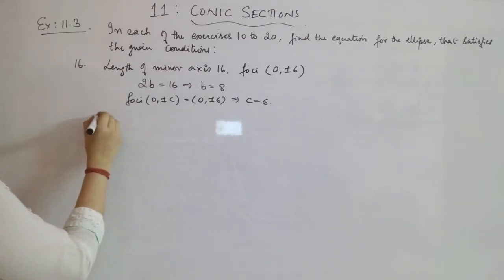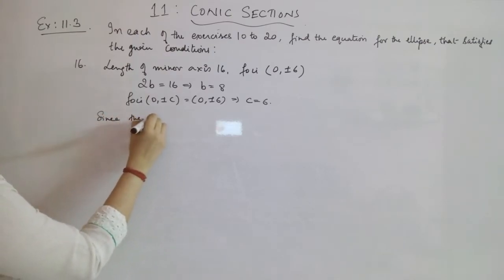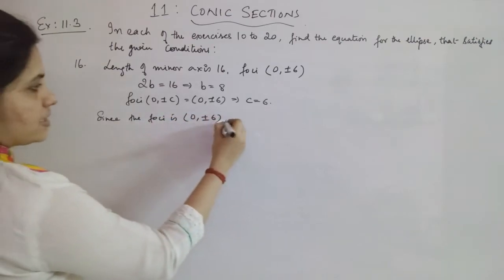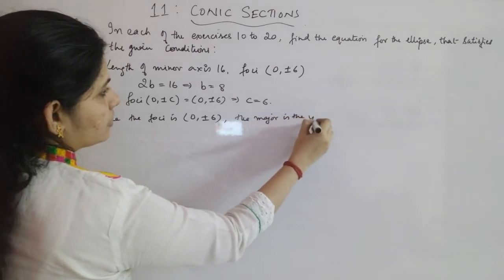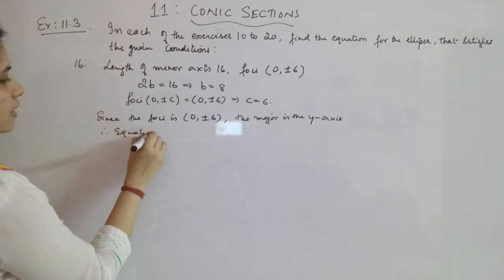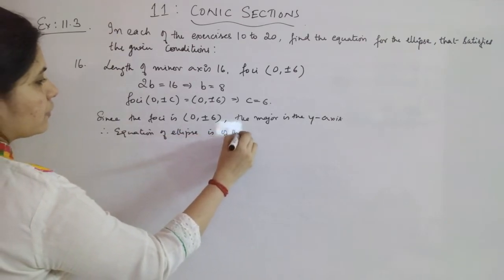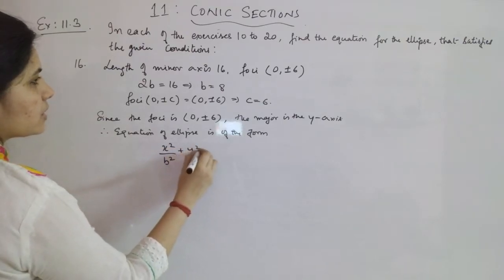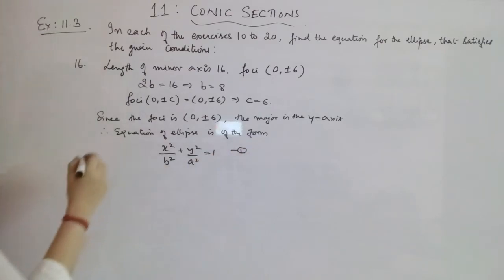Before that, since the foci is of the form 0 comma plus or minus 6, you can say that the major axis is the y axis. Therefore the equation of the ellipse should be of the form x square by b square plus y square by a square equal to 1. Now we will find out what a is equal to.